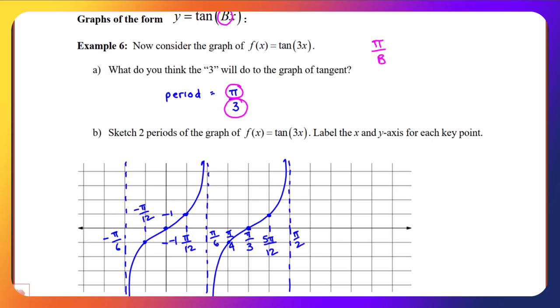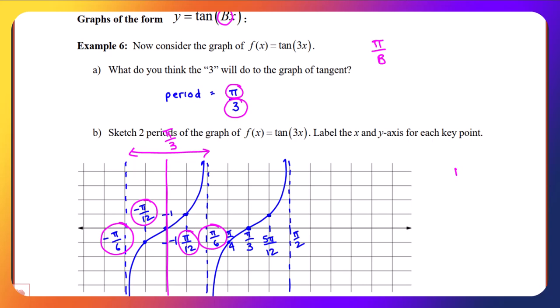So what we have to do is think, okay, if this is the middle, and this is pi/3, half of pi/3 is pi/6 to the left and right, and half of pi/6 is pi/12 left and right. So it's just a little bit of fractions.